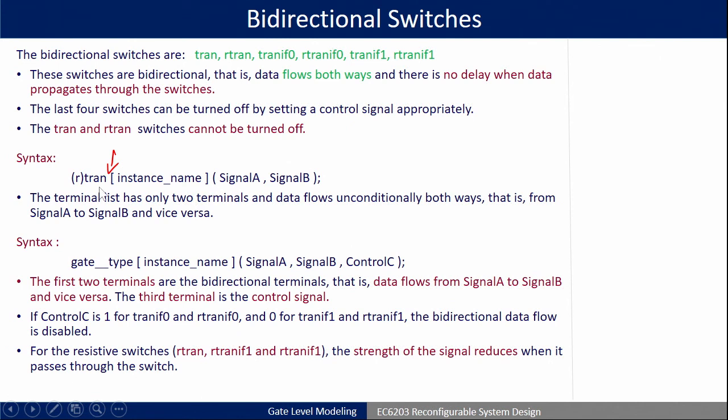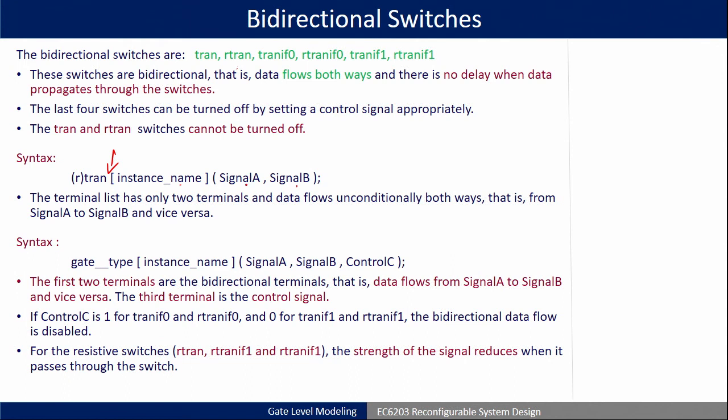The only difference is that RTRAN and TRAN both have the same function, but they are two types of primitive gates for bidirectional switches. These two are only used for bidirectional data transfer, like you can write RTRAN, instance name, signal A, B. Whether you write either one first or last does not matter, it depends upon your circuit design.